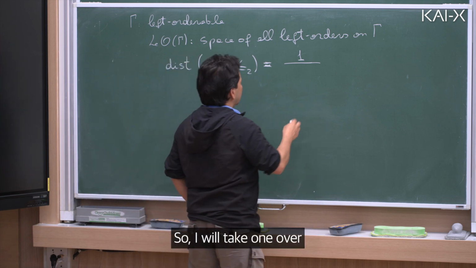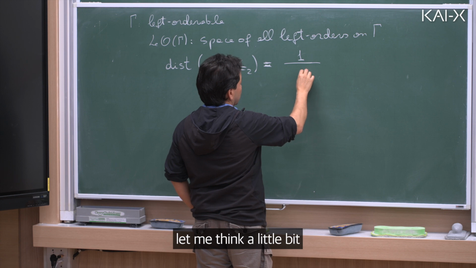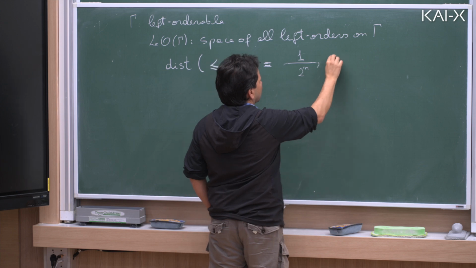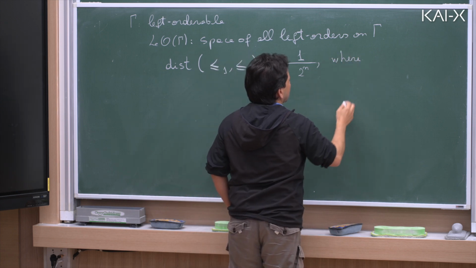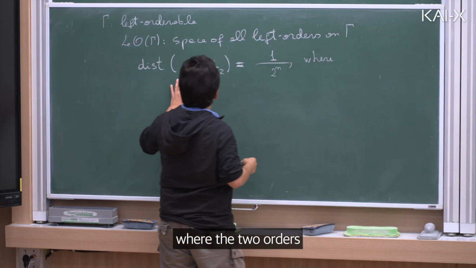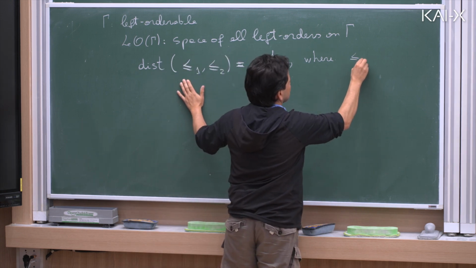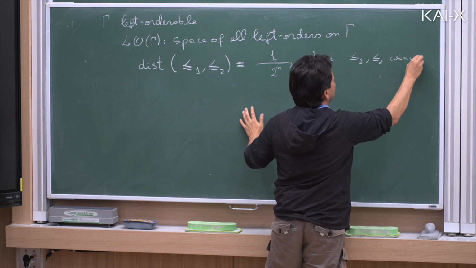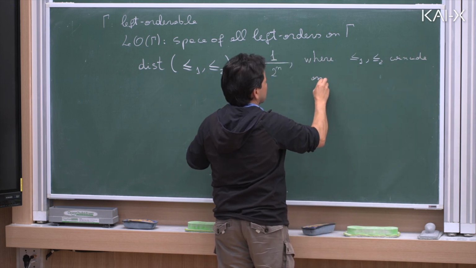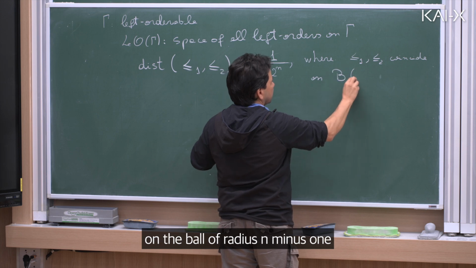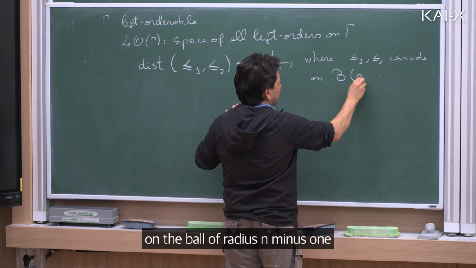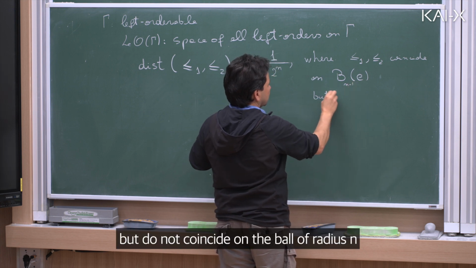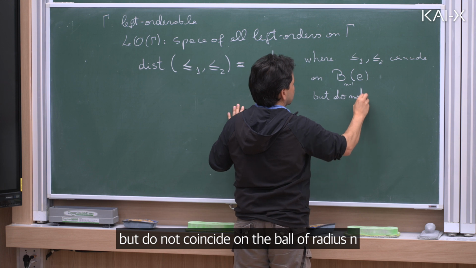Okay, so I will take 1 over, let me think a little bit, 1 over 2 to the n maybe, where n is such that the two orders coincide on the ball of radius n minus 1, but do not coincide on the ball of radius n.